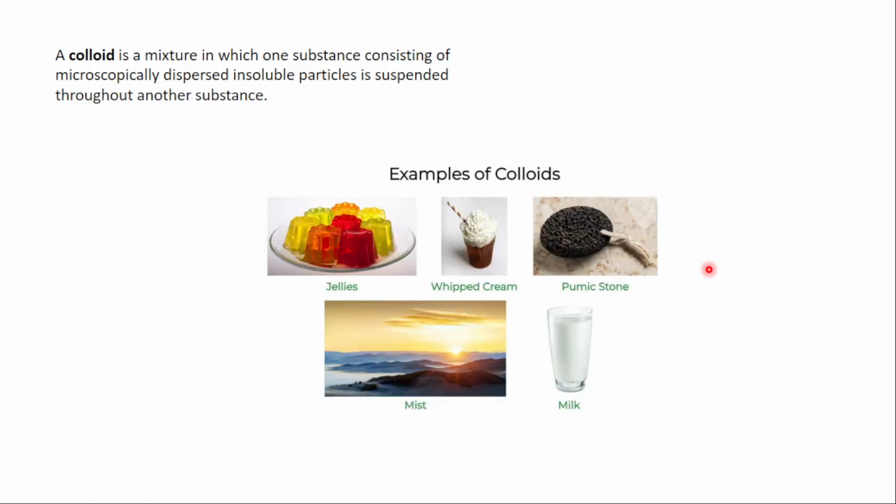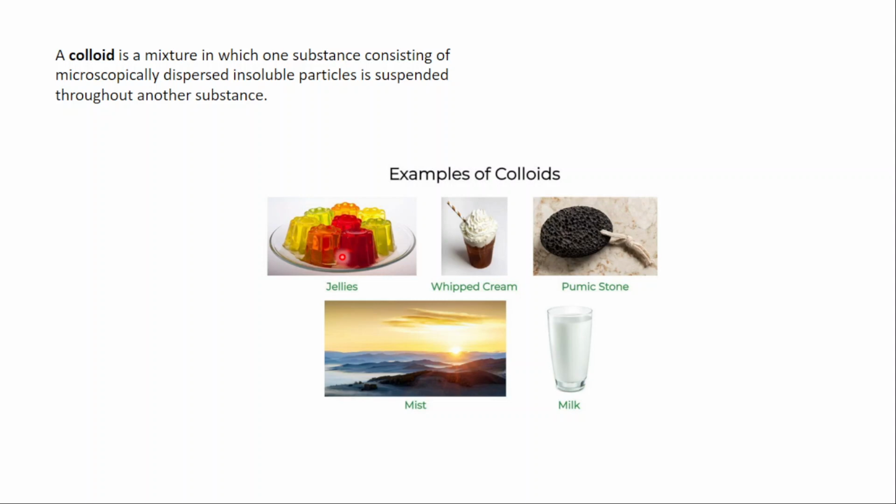So it's present everywhere in the solvent, but it doesn't dissolve because it's insoluble in the solvent. And we have many examples of colloids from our day-to-day life. Jellies, whipped cream, milk, even mist are colloids. They do not sediment or settle down, but they consist of insoluble solute particles dispersed through another substance.